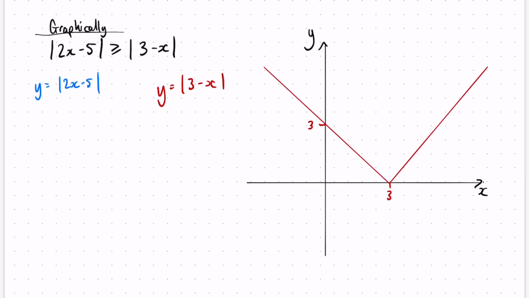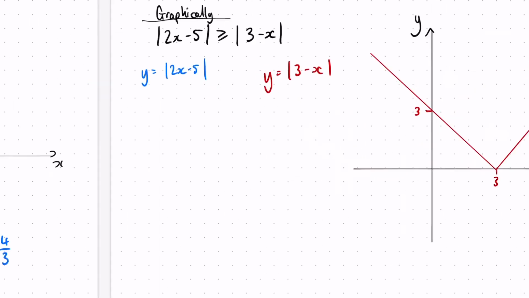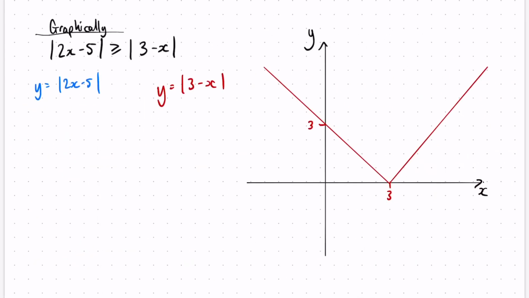And then the 2x minus 5 will touch the... Sorry, 2x minus 1. Managed to write that down wrong. 2x minus 1. 2x minus 5 was the last one we did. 2x minus 1 will touch the x-axis at 0.5 and cross the y-axis at 1.